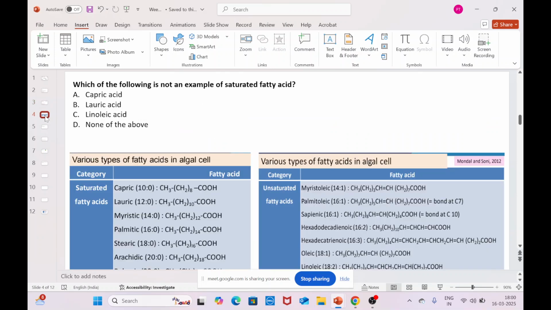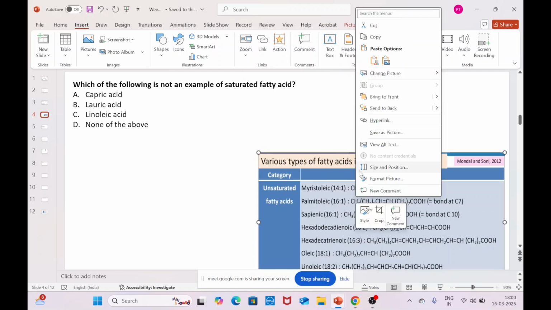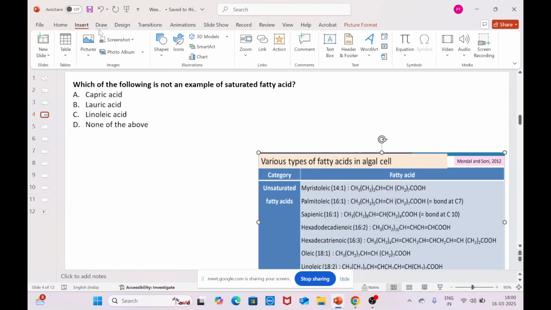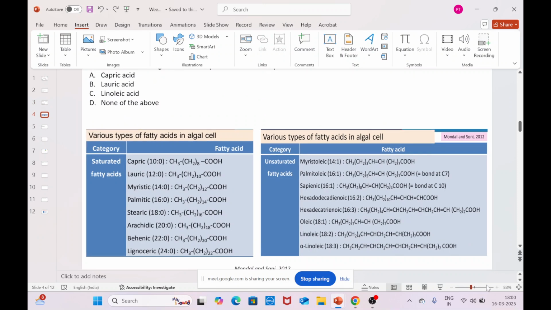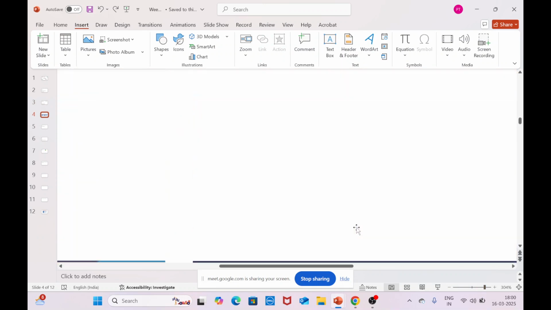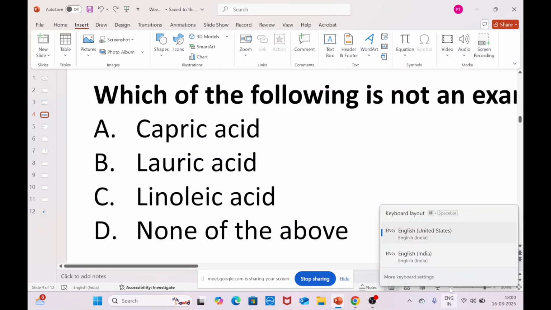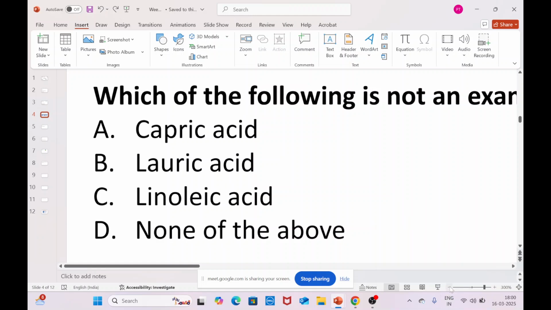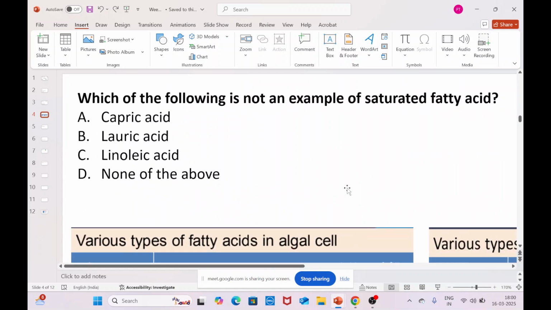So let me just remove this for the time being, and let me just increase the slide content. I guess it will be fine.